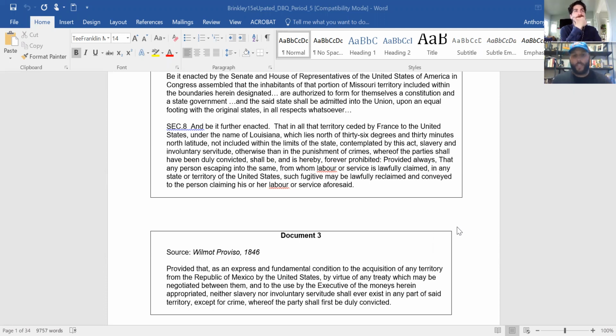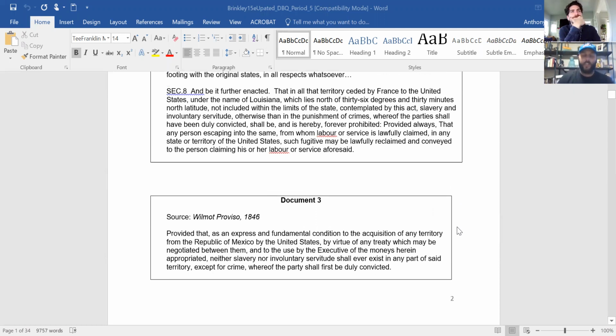And the Wilmot Proviso, in 1846, tries to extend that and clarify the debate, because this is when we're talking about land that we will gain from Mexico. So the Missouri Compromise, great, we got that settled, and now we're also expanding. So now what? Because you're getting into states like California that are both north and south.